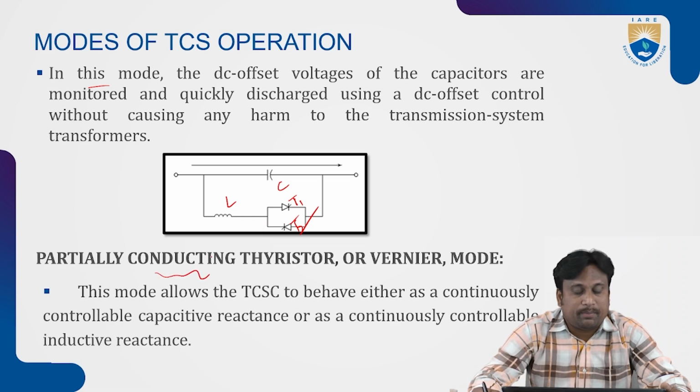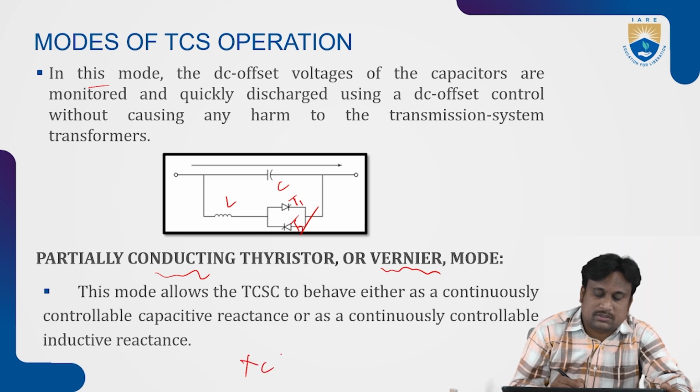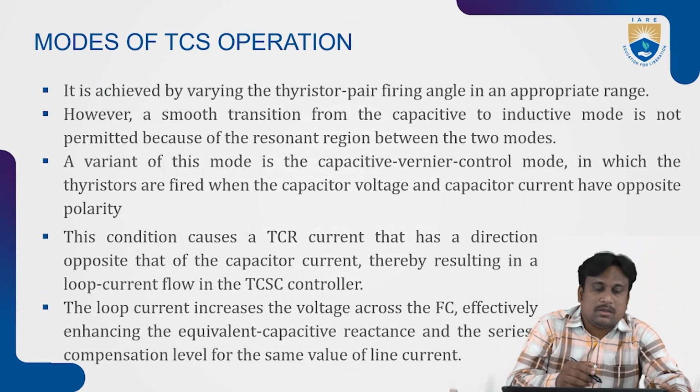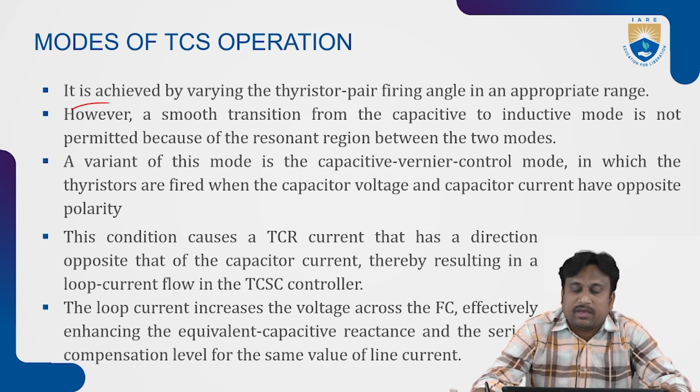The next case is partially conducting thyristor, or Vernier mode of operation. This mode allows the TCSC to behave either as a continuously controllable capacitive reactance XC, or a continuously controllable inductive reactance XL. This is achieved by varying the thyristor fire angle in an appropriate range.